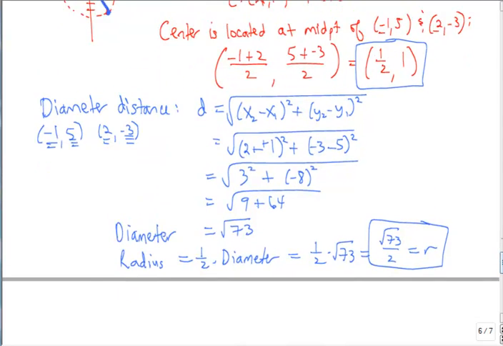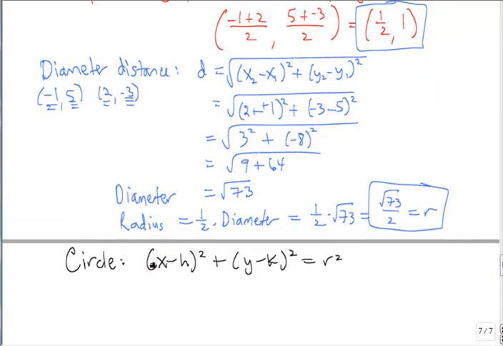So let's recall what the equation of our circle is in general. A circle is going to have as its equation x minus h quantity squared plus y minus k quantity squared equals the radius squared. And in this problem, our h is this 1/2. So we want x minus 1/2 quantity squared.